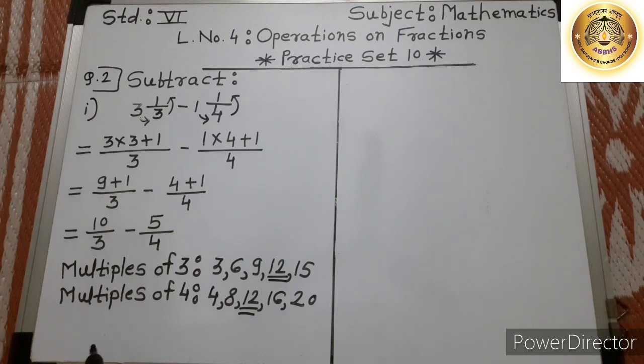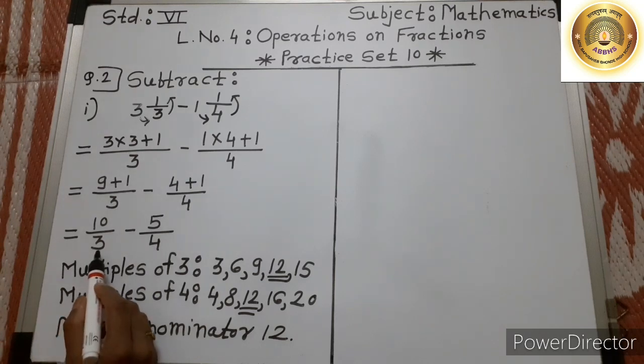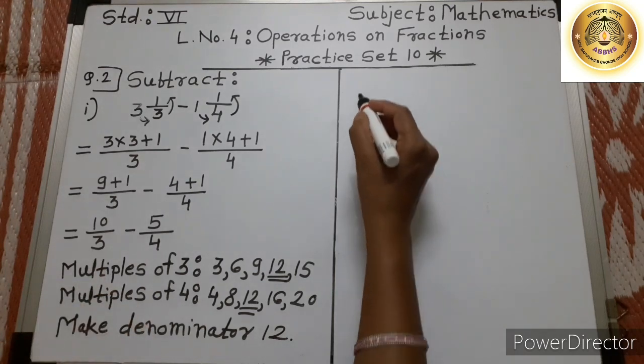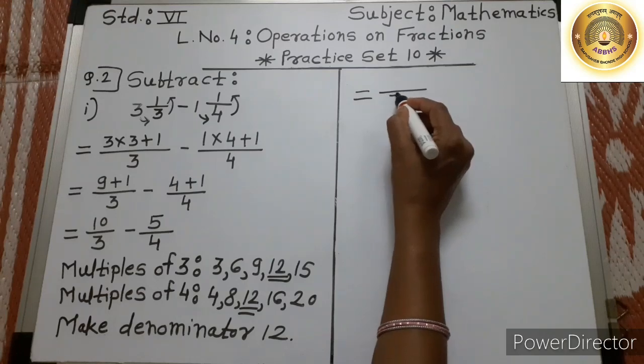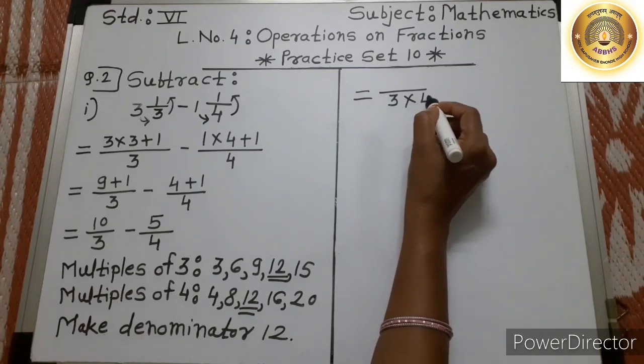So make denominator 12. Three 4s are 12. So denominator 3 multiplied by 4.